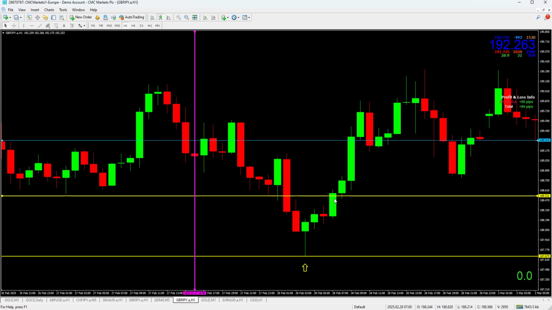Okay. We do want a retest. A retest is very important for this strategy. If you don't get a retest, you would get a high losing rate. Because the retest is basically calling the bluff. The bulls are saying, yes, we are pushing, we are going up, and the bears are saying, no, you are going nowhere.